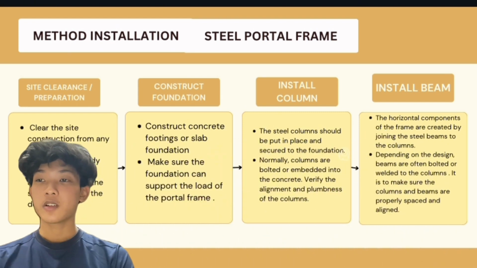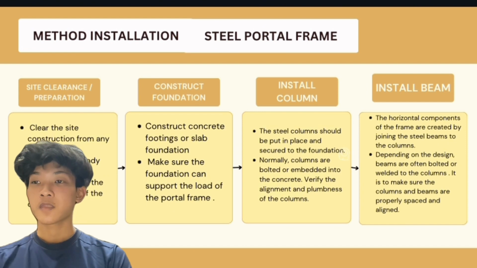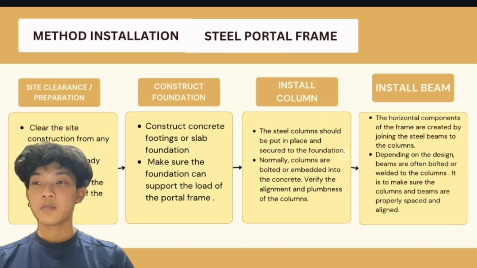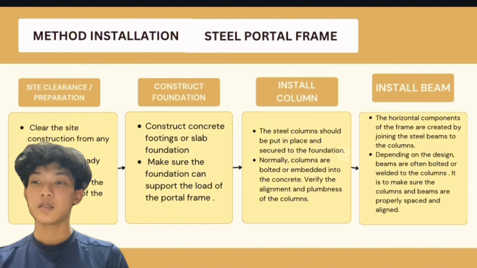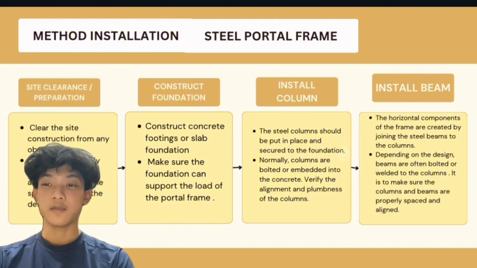The horizontal components of the frame are created by joining the steel beams to the column. Depending on the design, beams are often bolted or welded to the columns. It is to make sure the columns and beams are properly spaced and aligned.